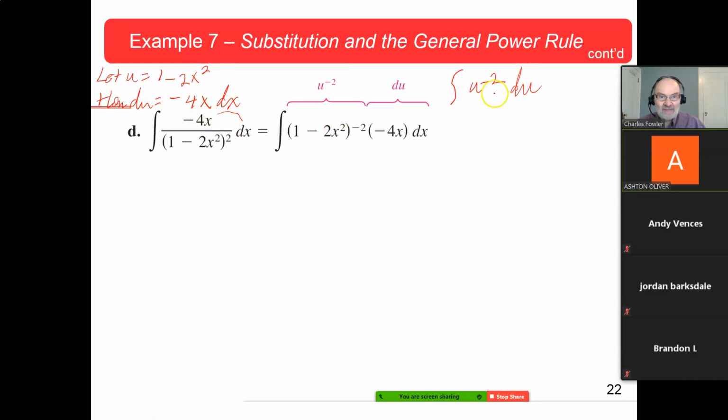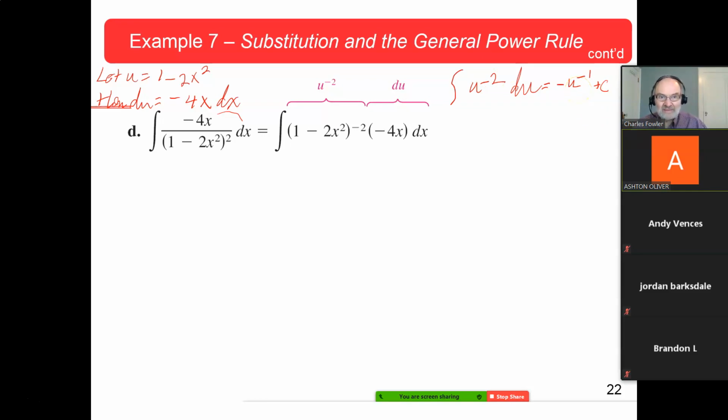Okay? And what would that integrate to be? I'll give you a hint. U, increase the exponent by 1, minus 2 plus 1 is minus 1, over minus 1, which I'm just going to put a minus in front, plus c. Now, you remember, if this is a minus 1 in here, the answer is not a power rule, it's the log rule.